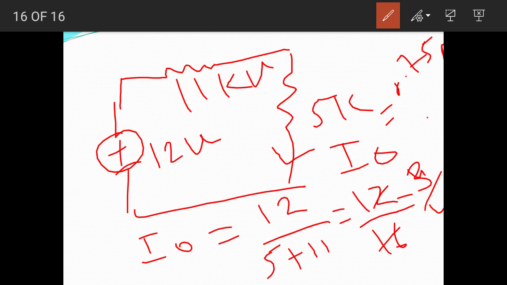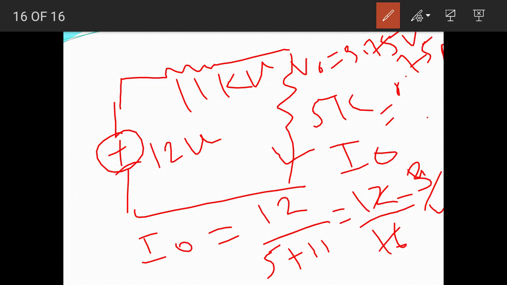So V0 is equal to 5 into 0.75. Its value becomes 3.75. So V0 becomes 3.75 volt.